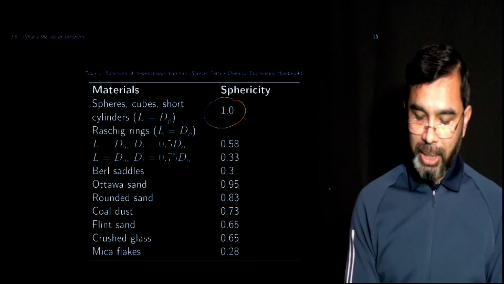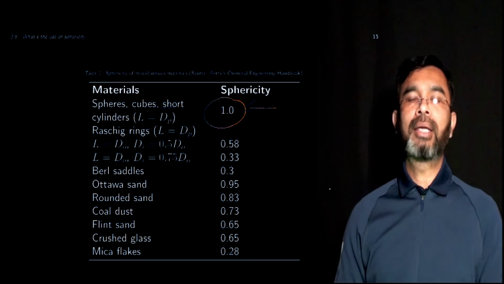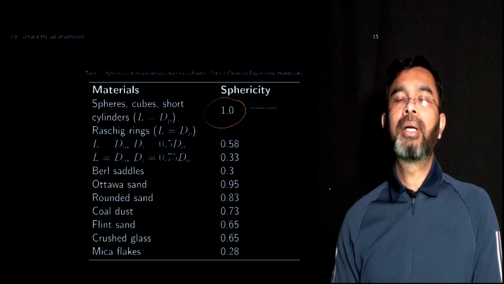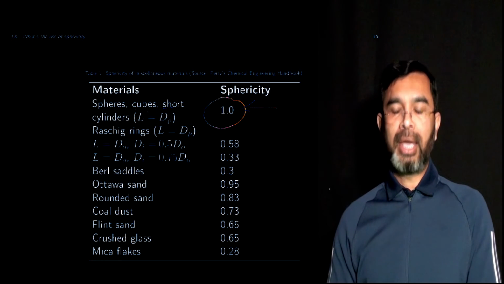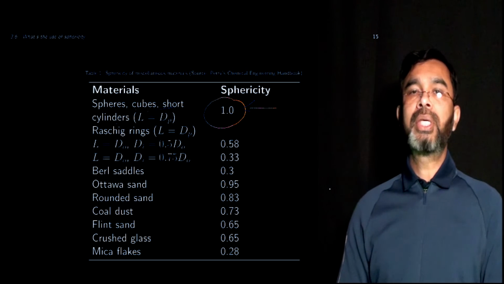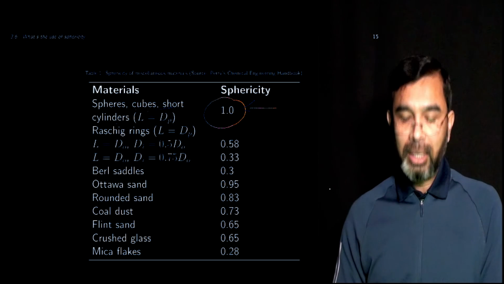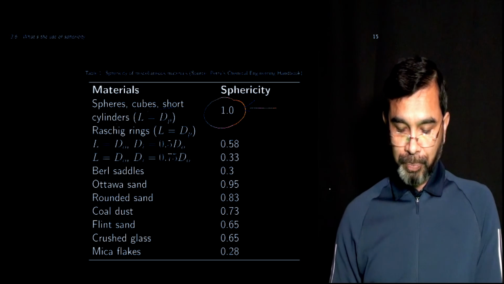That's why it's 1. If you take the other definition, meaning the diameter of a sphere having the equal volume, different numbers will be obtained for cubes and cylinders.